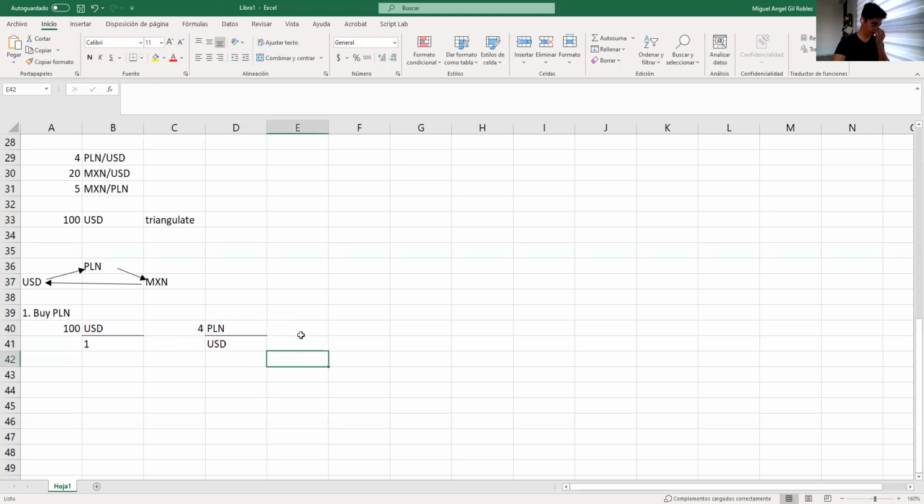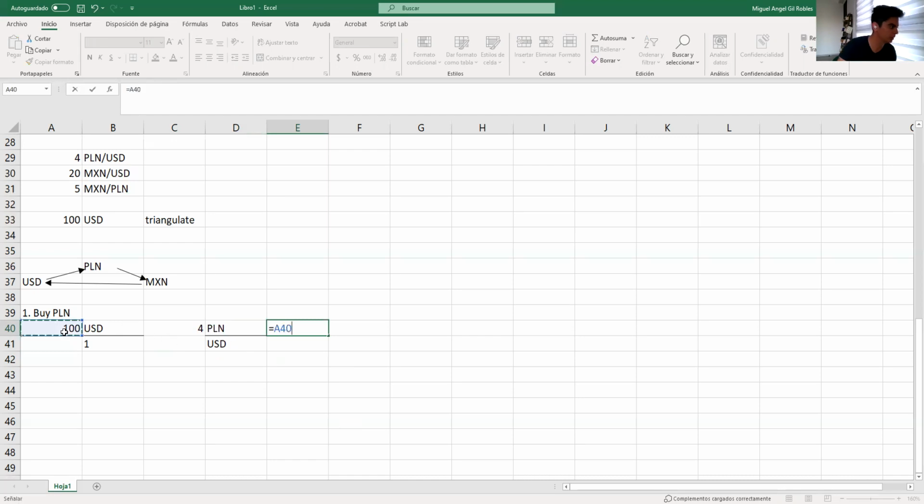Do I multiply or divide to convert dollars to zloty? In this case, we multiply, because we have dollars on top and dollars at the bottom. So to cancel dollars, I need to multiply. And in the end, I finish with 400 zloty.